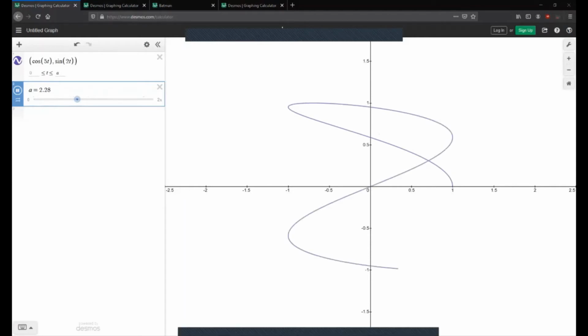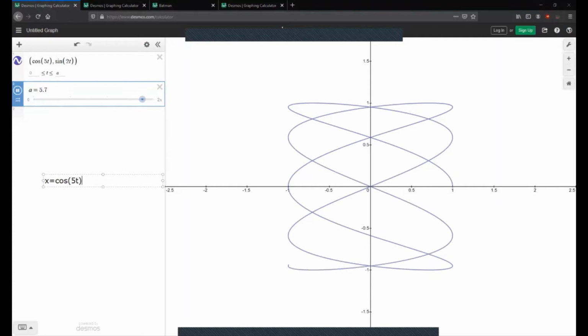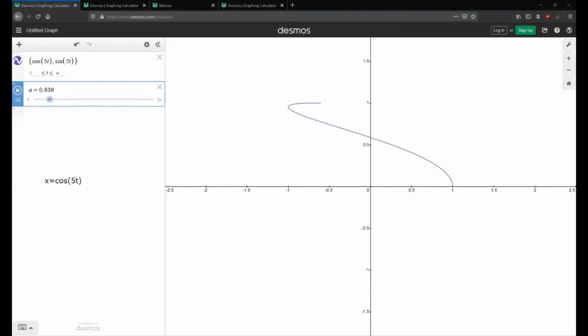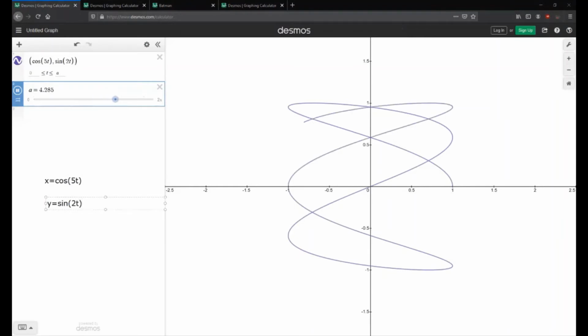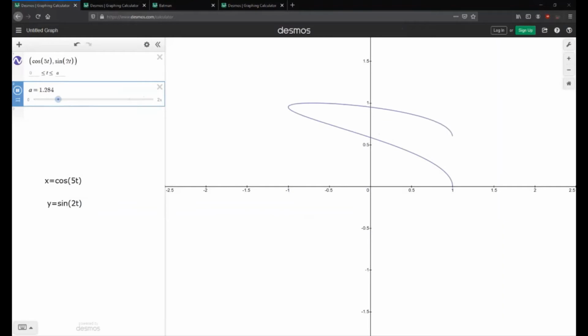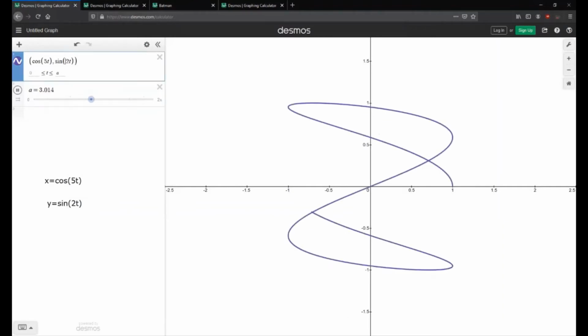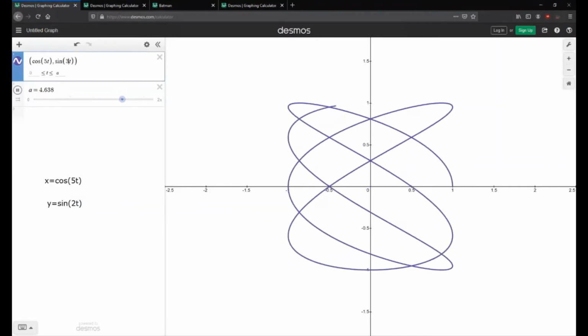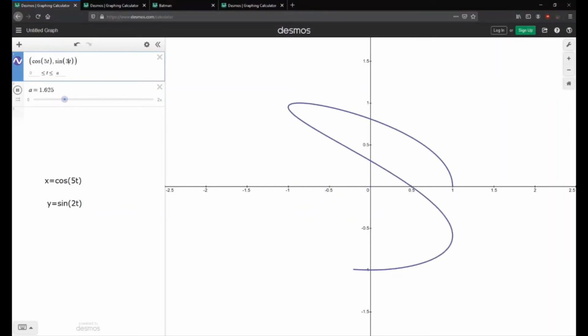The formula that describes this curve is that x equals the cosine of 5 times t, and that y equals the sine of 2 times t. So we get some very interesting shapes in this way. And if you change the formula slightly, we'll get another slightly different shape.